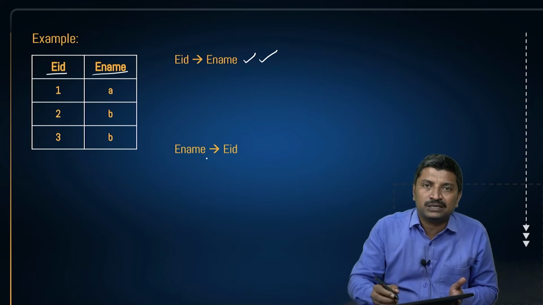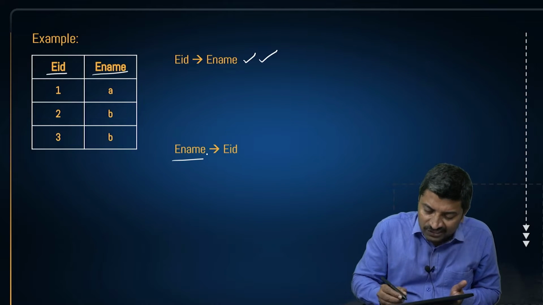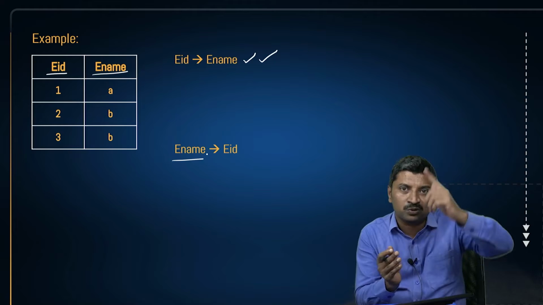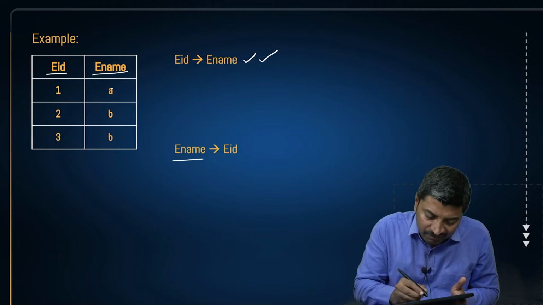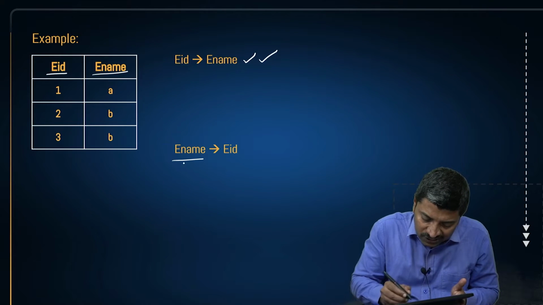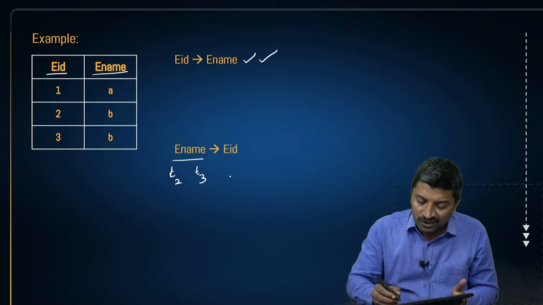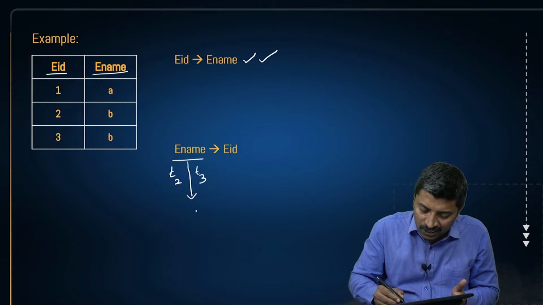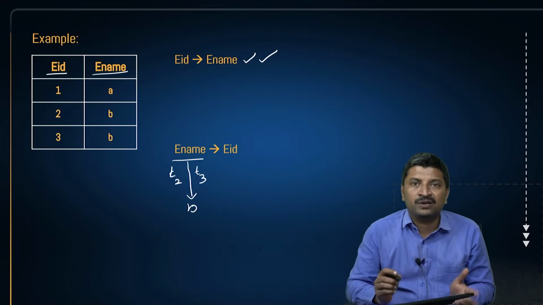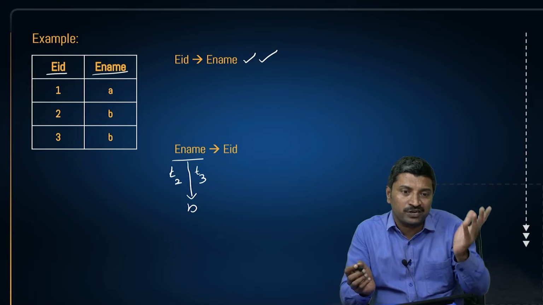What about, let us consider the next one. Ename implies EID. So the left hand side is employee name. Then go to the column of employee name. Verify whether there are any two tuples. Yes, I am having T2, T3. What is the employee name of these two? The employee name of these two is B. What about employee ID of the corresponding tuples?